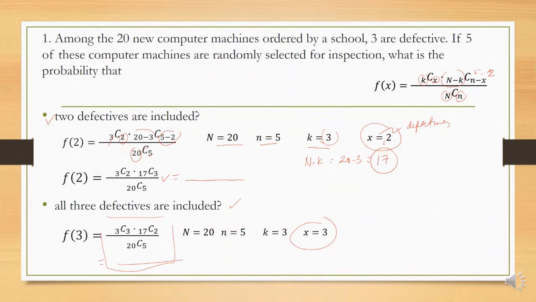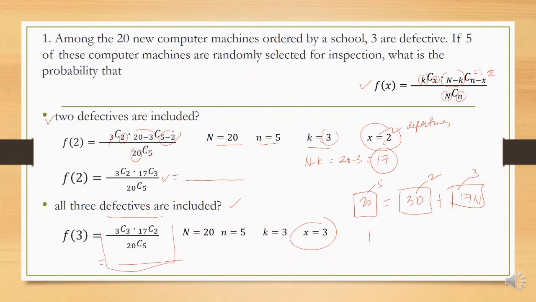So, this hypergeometric distribution, if you do not wish to follow this formula, you can actually draw and use our method dati. So, 20 yung total. This means 3 defective and we have 17 non-defective items. Kung dalawang defective ang lilitaw, ibig sabihin, kasi 5 yung kinukuha natin na total, so 3 ang non-defective.